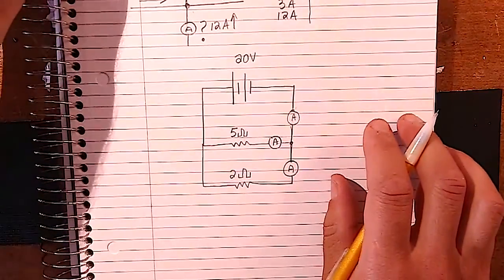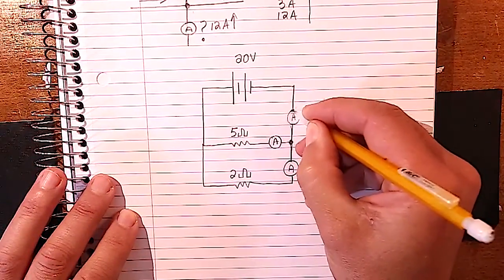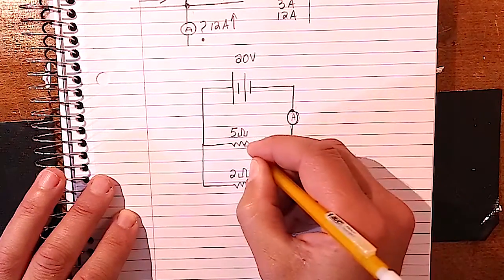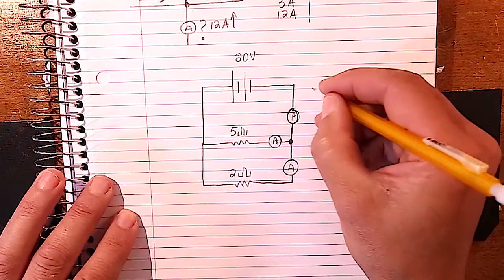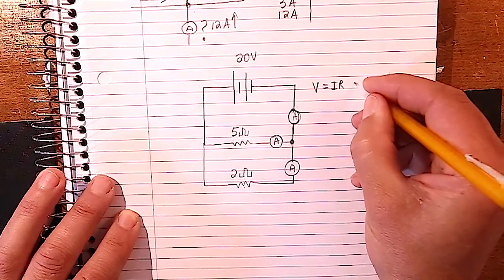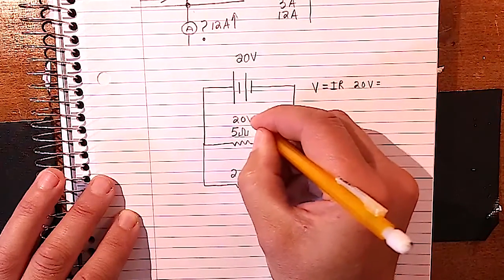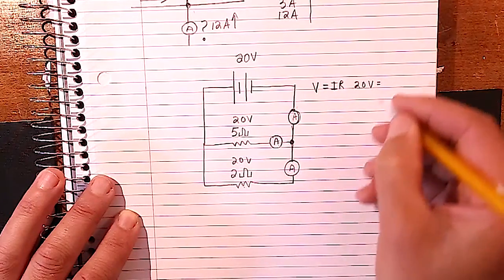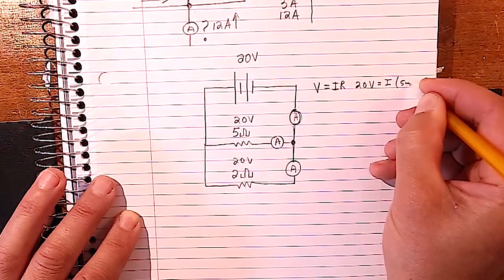Let's apply this to an actual circuit. So here we have a circuit and we have a junction here. This is reading the total current. This is reading the current in this resistor, and this is reading the current in this resistor. So to do it, we can start out with V equals IR, and we can say that we have 20 volts, because we know this has to be 20 and 20 because voltages in a parallel circuit are equal everywhere, equals I times R, and our R is 5 ohms.